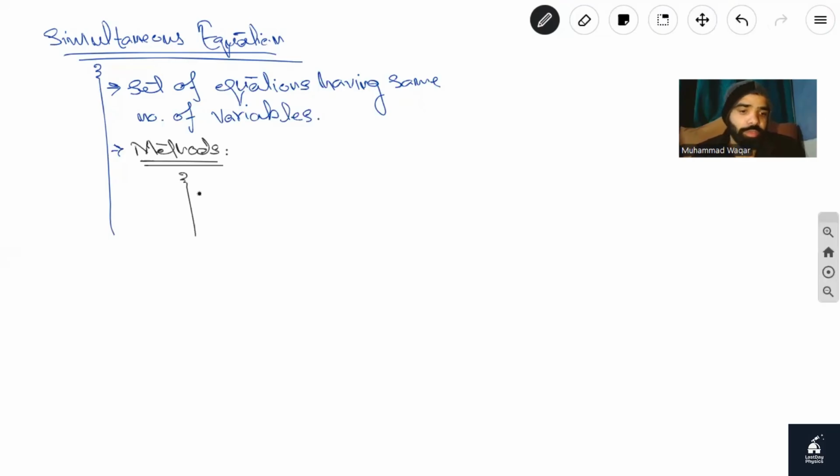Others also feel easy to use the elimination method. We would be using both these two methods in today's lesson. So we'll start with the substitution method, and then we may use the elimination method as well.